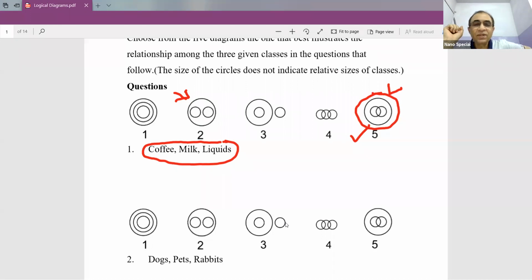Dogs, pets, and rabbits. Suresh has given an answer. Yashwant has given an answer. Shreya, Anaga has given an answer. Anaga, I know a lot of people will be tempted to give that answer. Similarly, Yashwant also has given that answer. Akshita has given. Ruchita has given an answer. What about the rest?